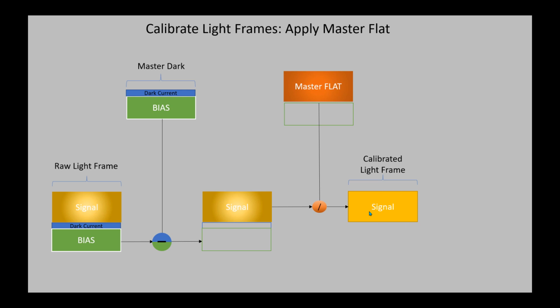And then you get, finally, what we've been searching to get, which is our calibrated light frame. And this is actually where we wanted to end, in the sense that we're going to take the groups of these calibrated light frames and combine those to create our ultimately our integrated image.